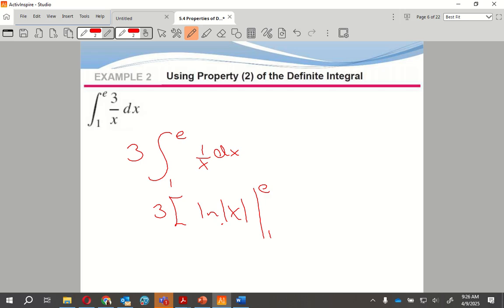Just like log base 10. Log is base 10, right? ln is base e. So if you have log base 10 of 10, we're gonna get 1 off of that.